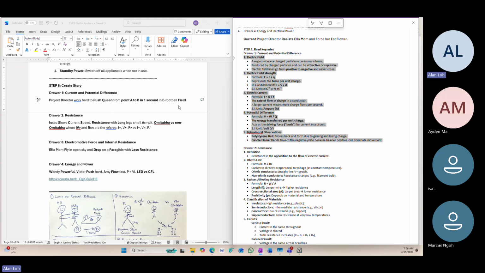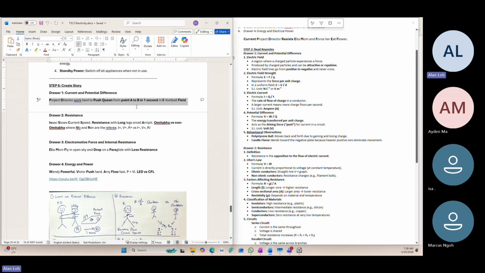Why this story? I think by now you should have a little bit of the idea why I created this story, to relate the key information inside this drawer number 1. Project director, which is the potential difference, work hard to push the Queen. Work hard. In the previous step 3, step 4, and step 5, the potential difference is about the work, right?